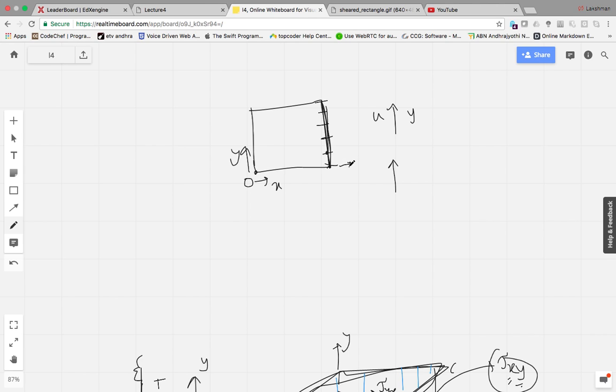This is pointing along x direction, and the magnitude is the size of this vector. Now at this location, it should be more. The length of this vector should be more. At this location, it should be much more, and at the end, it should be much more. So you can see here, the velocity is actually increasing from bottom to top.